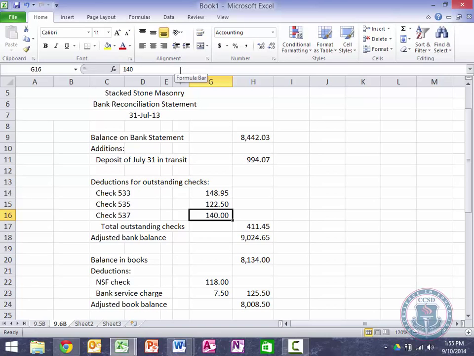Great. 537? 425.40. Bingo. So my adjusted bank balance automatically calculated itself. So every other check you wrote hasn't been cashed yet. We don't know why. I'm not going to ask why. I'm just going to put it down because they're outstanding. I owe them to people. Boom, boom, boom.